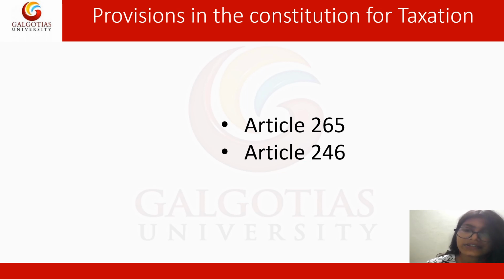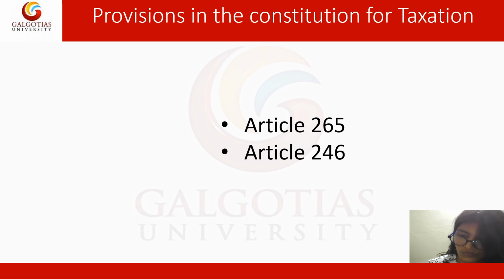Firstly, Article 265 of the Indian Constitution states that no tax shall be levied or collected except by authority of law. In fact, it prohibits any kind of arbitrary collection of the taxes.